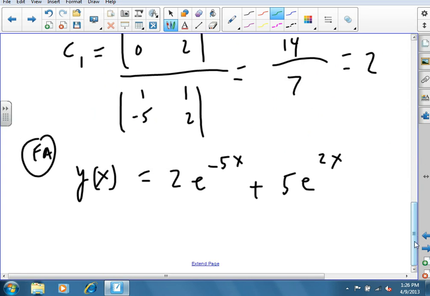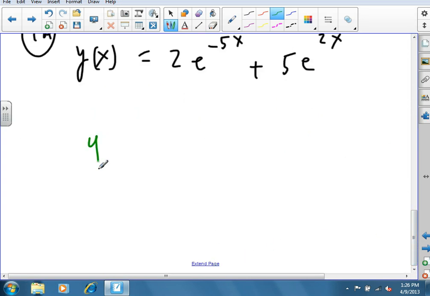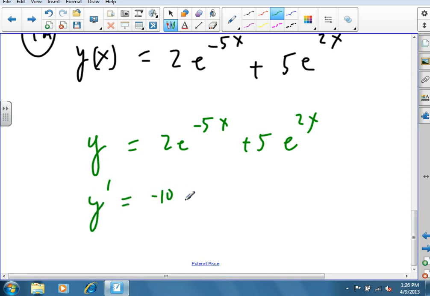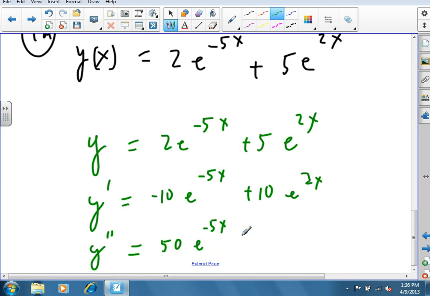Now we're going to check our work. y is equal to 2 e to the minus 5x plus 5 e to the 2x, y prime is minus 10 e to the minus 5x plus 10 e to the 2x, y double prime is 50 e to the minus 5x plus 20 e to the 2x.